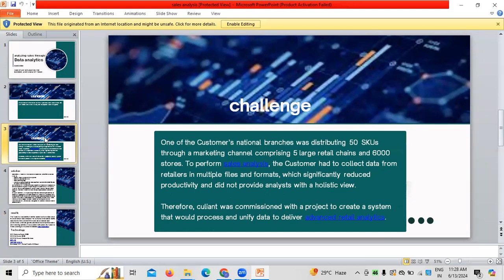This is something which I usually teach and coach my team members, whoever is enrolled with me for training for BA or data analysis. These are a couple of case studies.